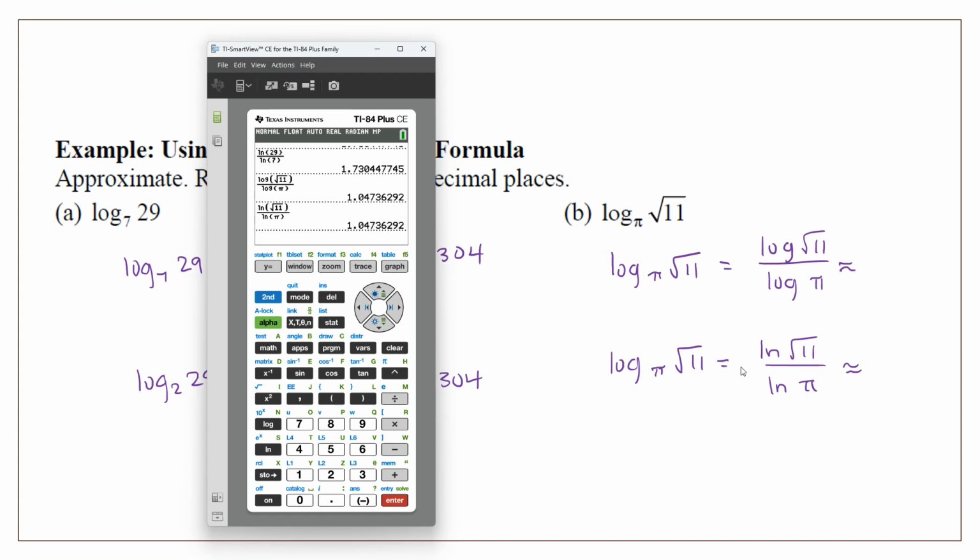All right, and we got the same values. So to 4 decimal places, we have 1.0474. Whether you do natural log or log, you'll get the same value.